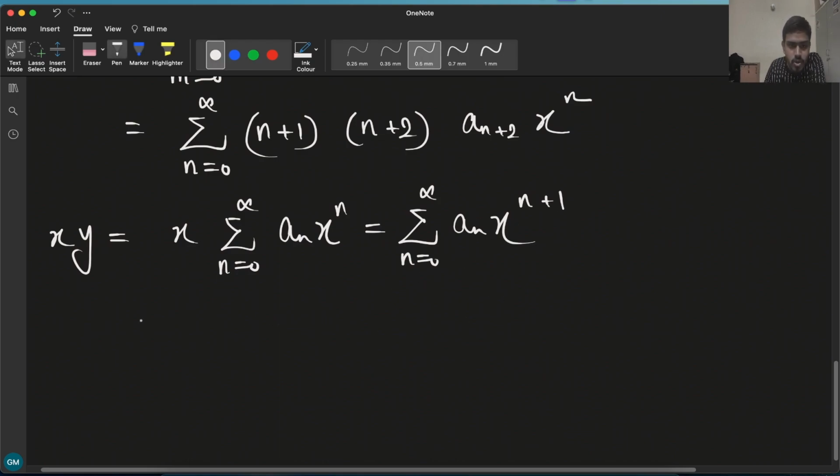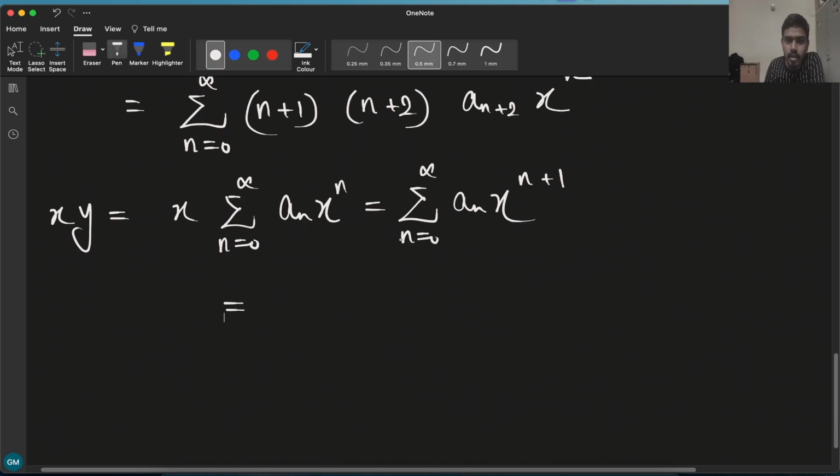You can try to solve it along with me. In that case, the class will not be boring. Here also you can see x has a power of n plus 1, but we don't want that. We want x to have a power of x to the power n, for easy comparison.